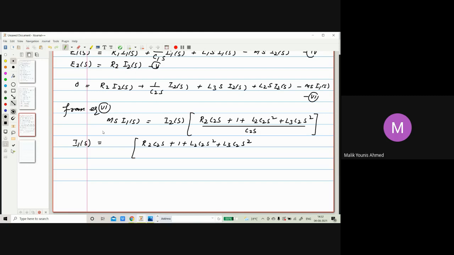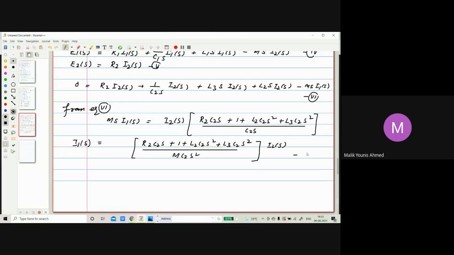Then this will be multiplied by this, so M C2 S square, M C2 S square, it will be here. And this everything is multiplied by I2 of S.